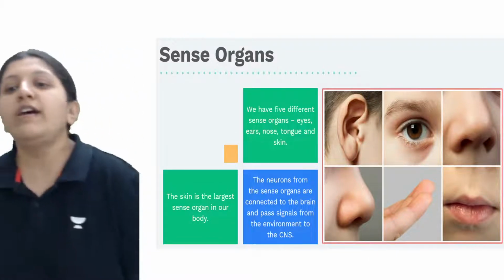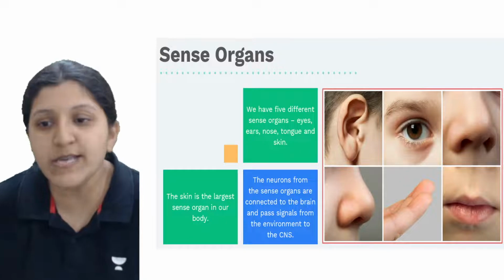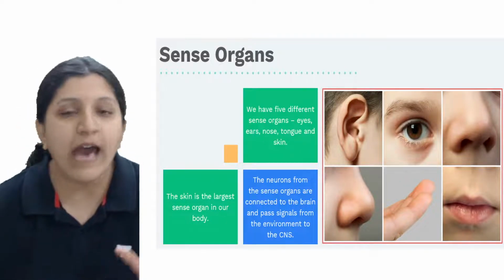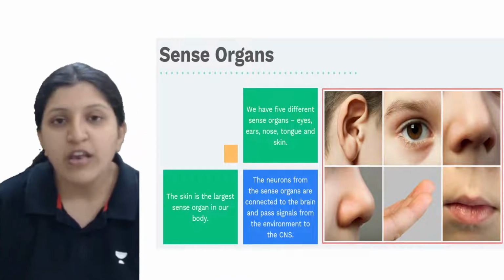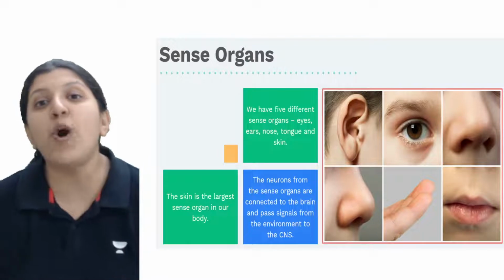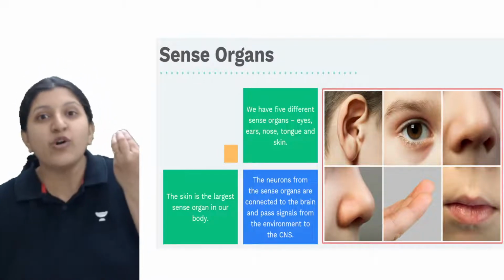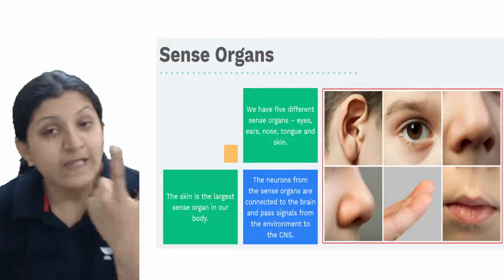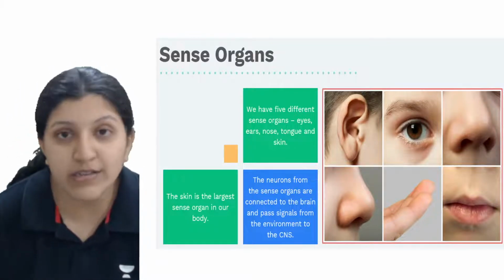Here the neurons from sense organs connect to the brain. Let's say the eye: the eye is connected to your brain through a nerve, the optic nerve. If we are talking about your ear, there is an auditory nerve connecting to your brain. If we are talking about the nose, the olfactory nerve is there.